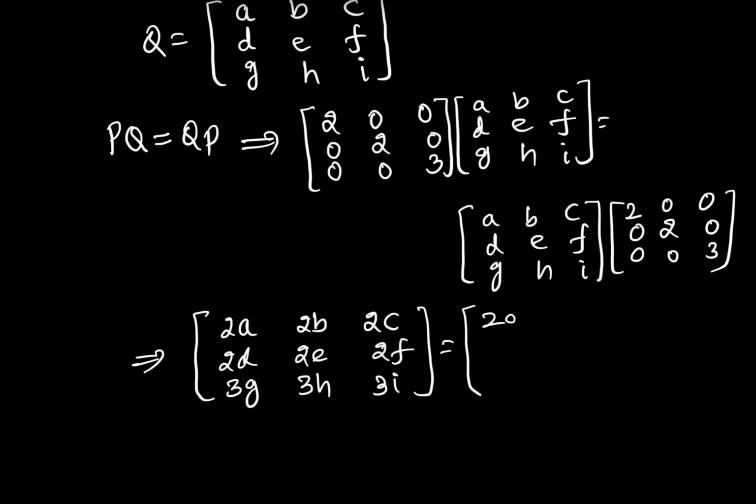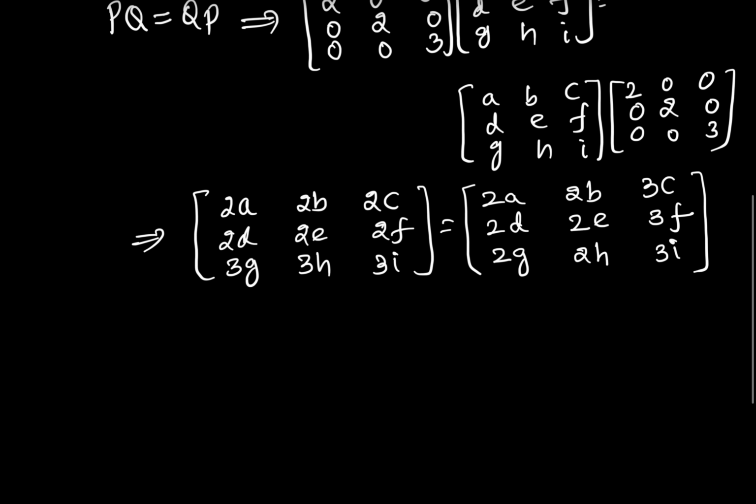It's 2A, 2B, 3C. Now 2D, 2E, 3F. Next 2G, 2H and 3I.